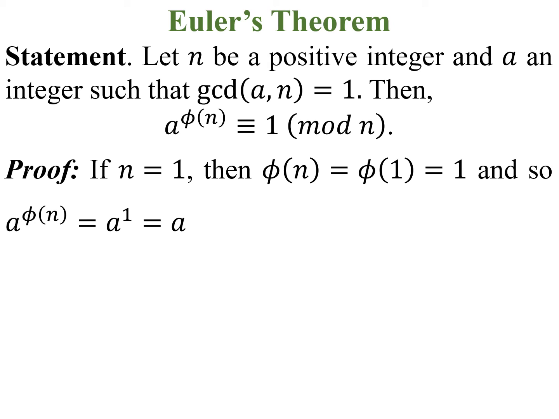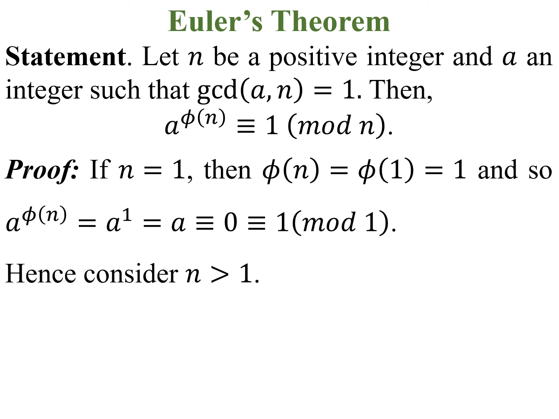Now n is 1 and every integer is divisible by 1, so every integer is congruent to 0 modulo 1. So a is congruent to 0 modulo 1, and 1 is also congruent to 0 modulo 1. In this way, a is congruent to 1 modulo 1, and indirectly a raised to phi of n is congruent to 1 modulo 1.